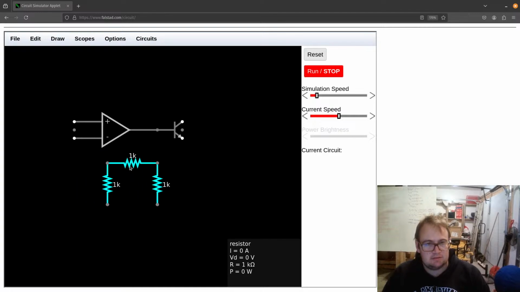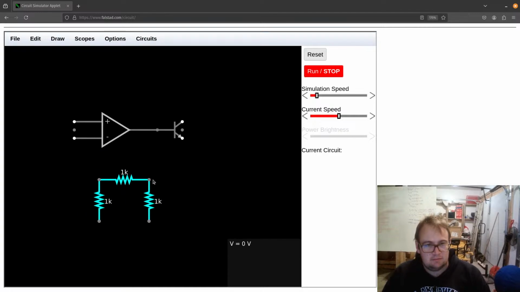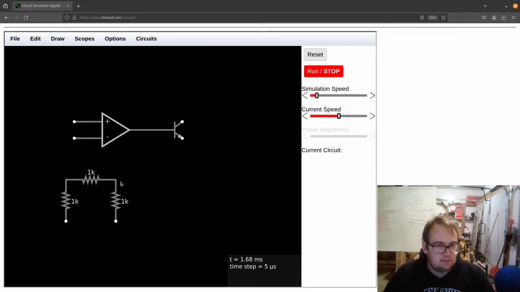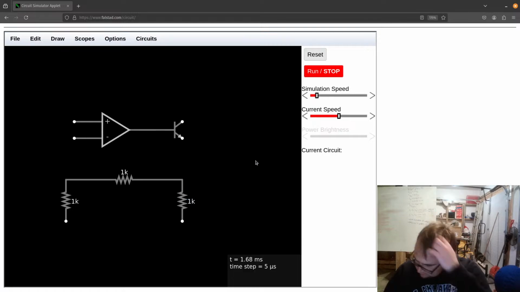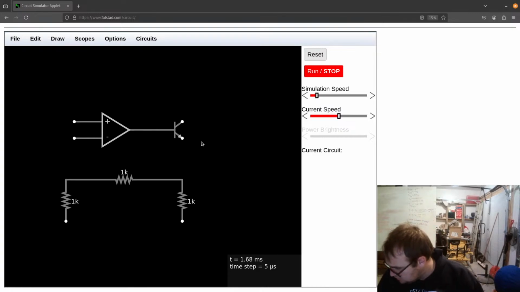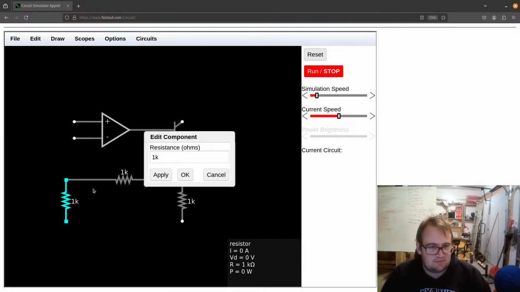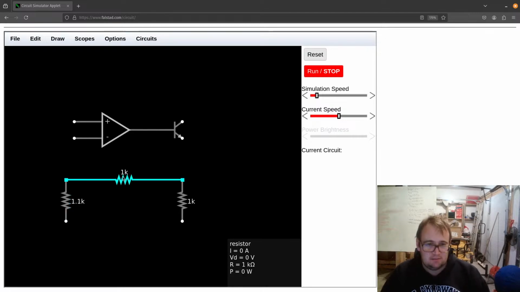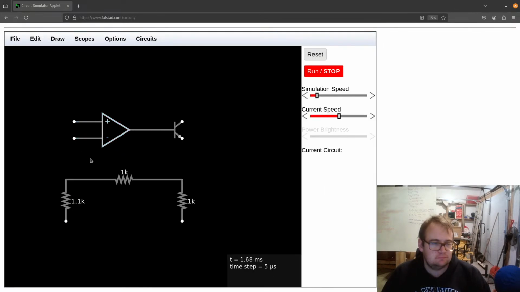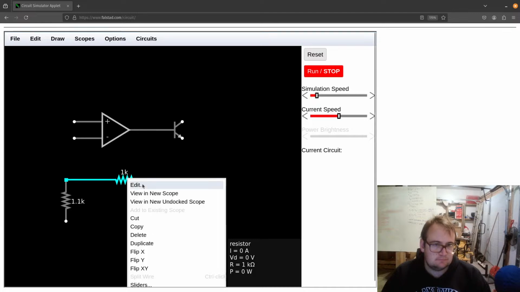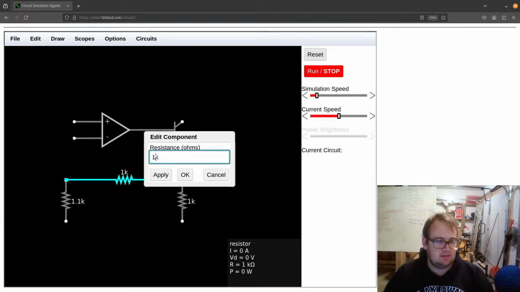I'll just drag this over here. Oh, oops. And so it has very specific values for this one, so I'm guessing this is a somewhat precise circuit. Let's just see.